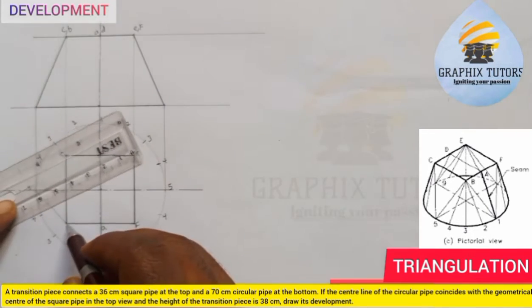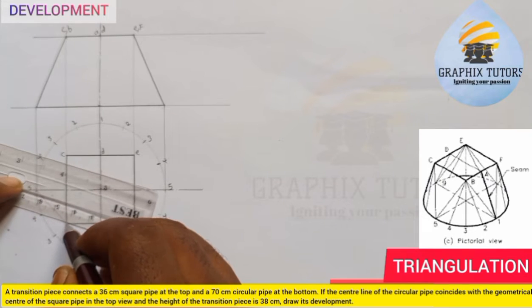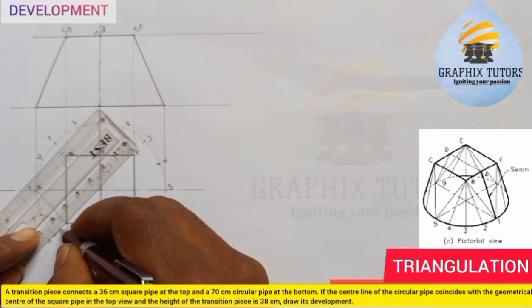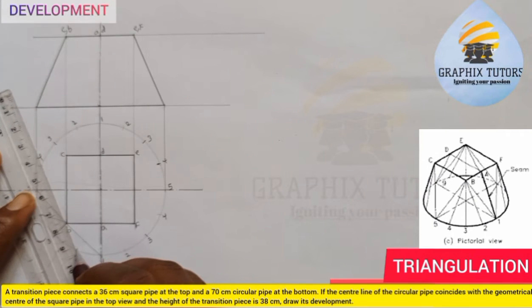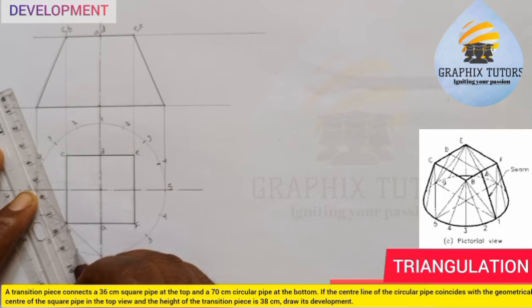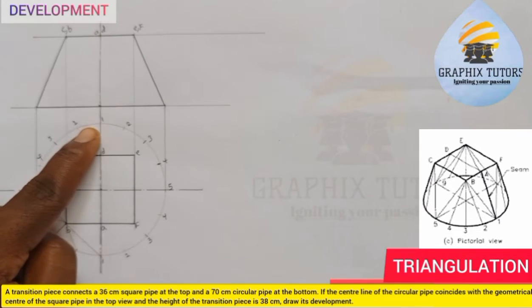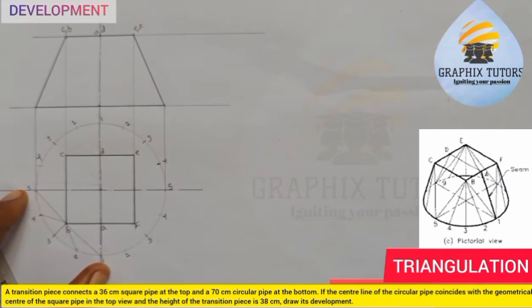I'll join B to 4, and I'll also join B to 3. And also join B to 2. So what happened to B will happen to every point here. Even F, because we say that mirror image, we have 4 quadrants here. This 2.5 to 1 is one quadrant, 5 to another quadrant, 5 to another quadrant. So everything that is happening here will happen in different sections here. So B and F is the same thing.